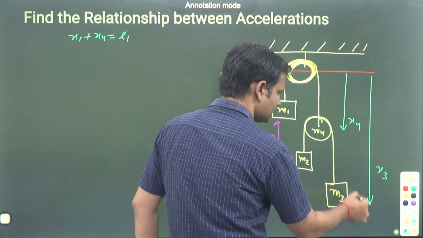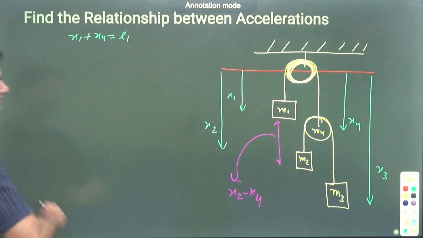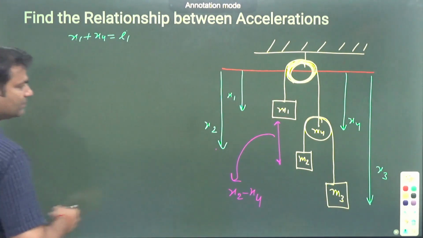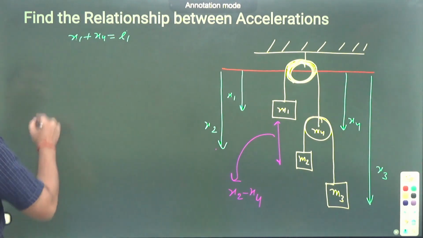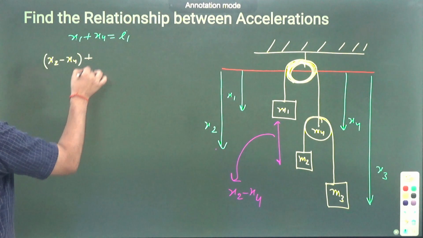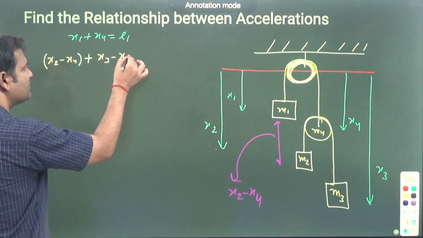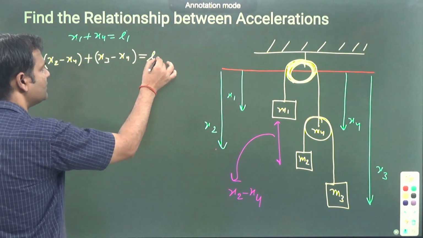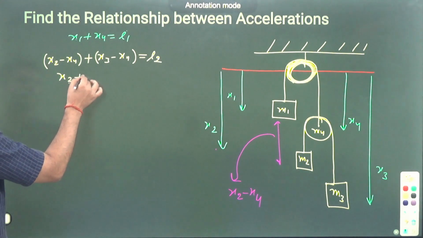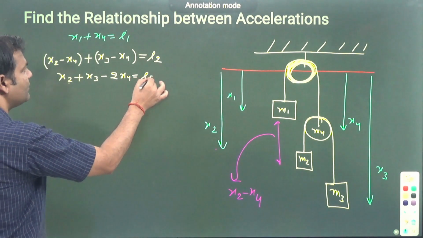And this length is x3 minus x4. So the length of this string is x2 minus x4 plus x3 minus x4, which equals L2. So it is written as x2 plus x3 minus 2 times x4 equals L2.